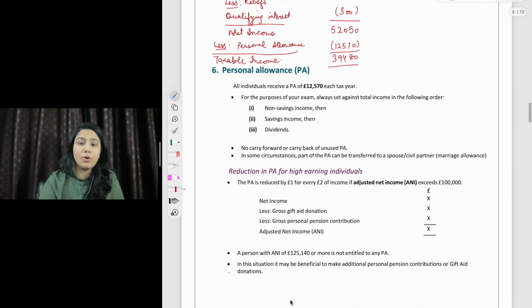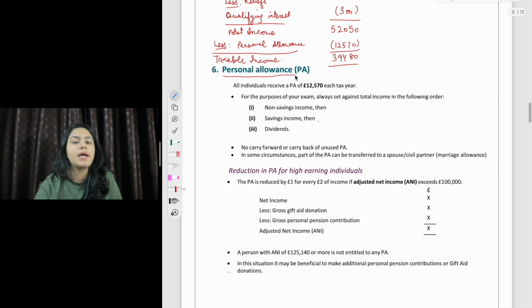Moving towards the next topic, which is personal allowance. As I told you, an individual receives a personal allowance of 12,570 each year. This is the maximum limit. It can be reduced in certain situations, but in the exam we will always set up personal allowance in the order of first against the non-savings income, if left then against the savings income, and if left then against the dividend income. We cannot carry forward our personal allowance.